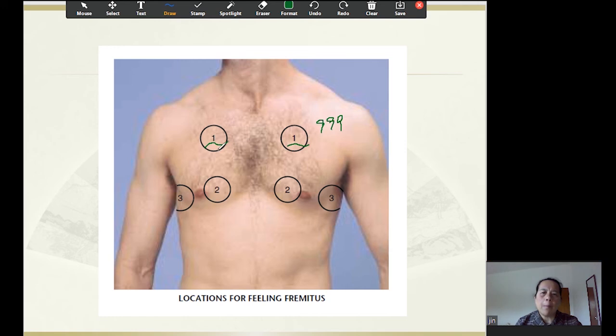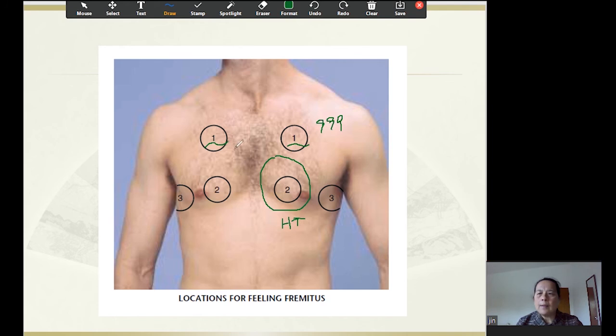Then you compare both sides, first location, second location, third location. But remember, the second location in the chest area may be a little different between left and right, because the left side has the heart there. That's still normal.